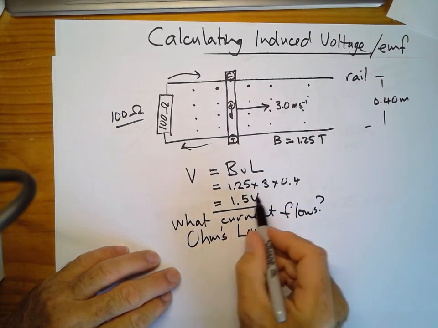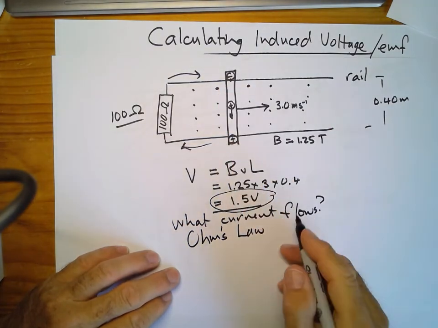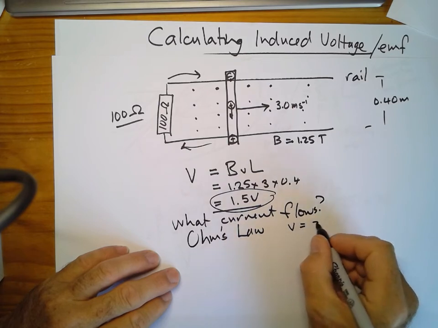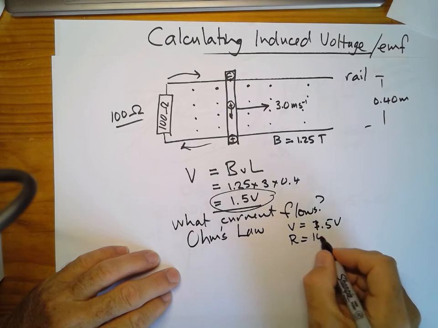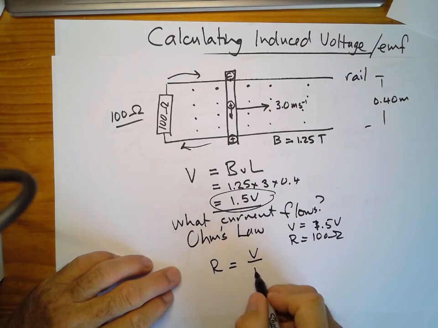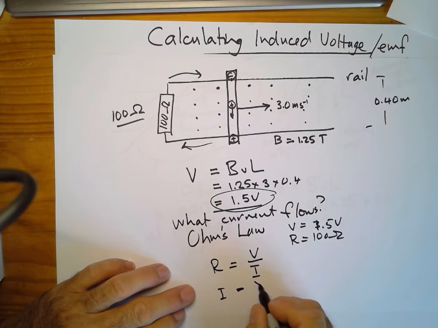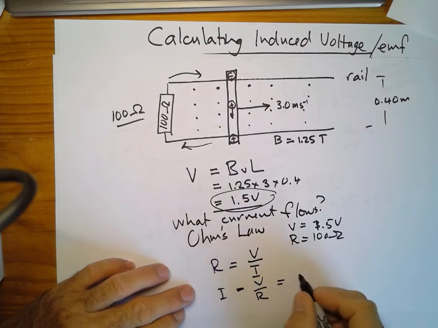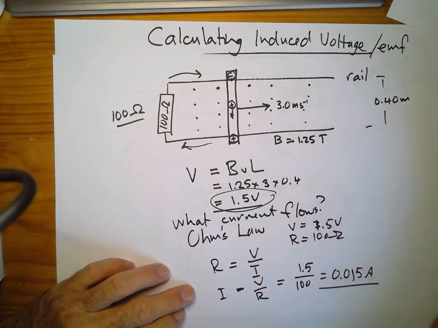We've calculated the voltage across here, so we have a voltage equals 1.5 volt. We've got a resistance of 100 ohm, so let's use Ohm's law. R equals V upon I. In this case we want to find the current. Current is equal to V over R equals 1.5 divided by 100 is equal to 0.015 amp. That's the current that will flow in that circuit.